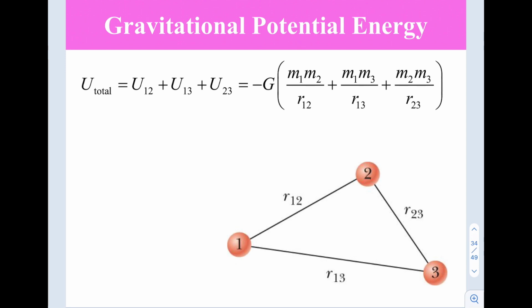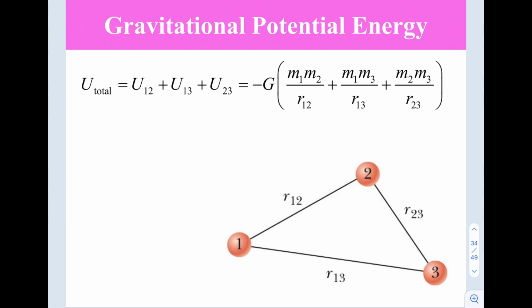Since we have three masses, you are going to have three gravitational potential energies between the masses in the system: between 1 and 2, between 1 and 3, and between 2 and 3.